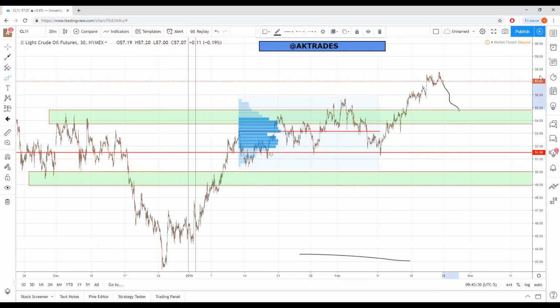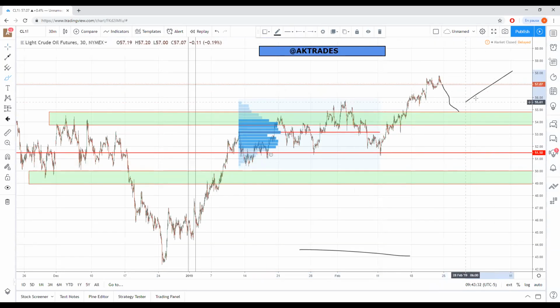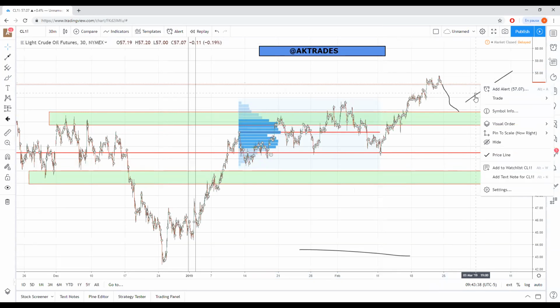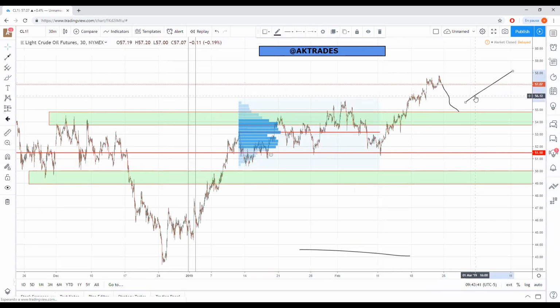So we are seeing two levels to go long on oil.